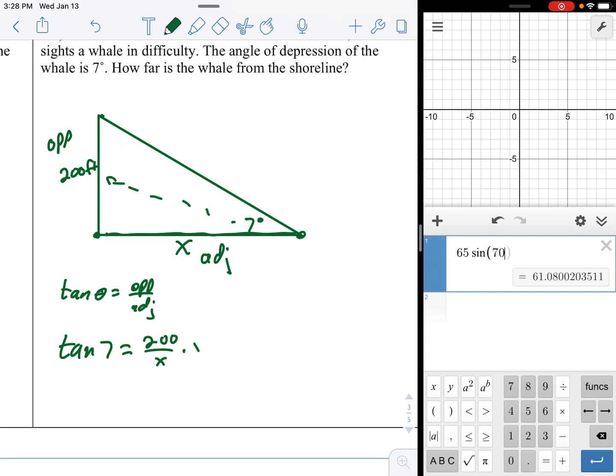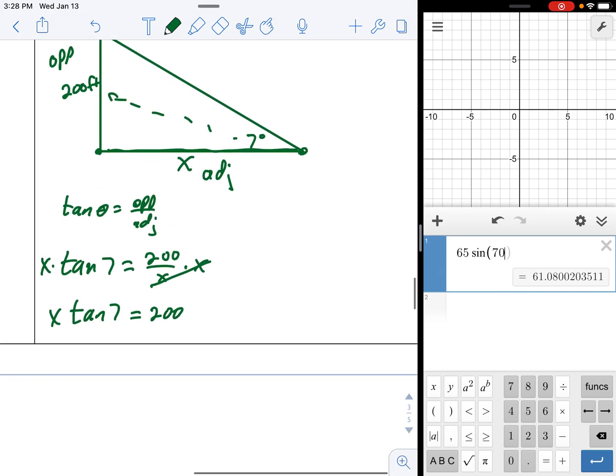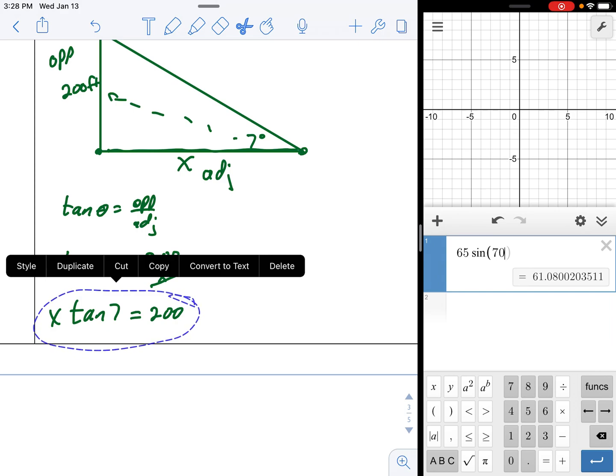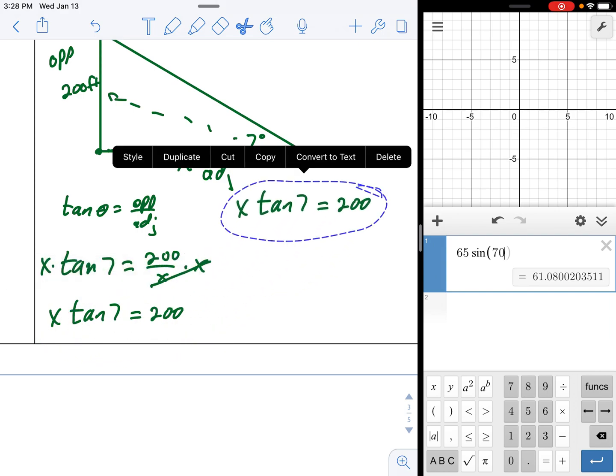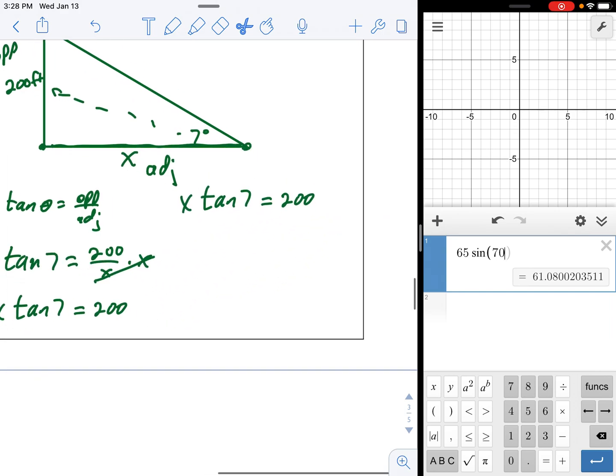To solve this, I would have to multiply both sides by x to cancel that out. I get x tan 7 equals 200. Now I've run out of room to work, so I am going to duplicate this and bring it up here. Now divide both sides by tan 7 to cancel that out.